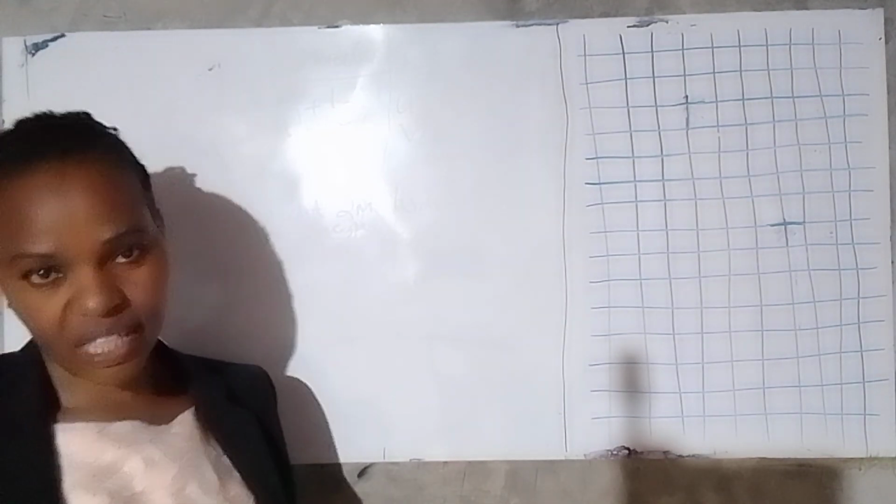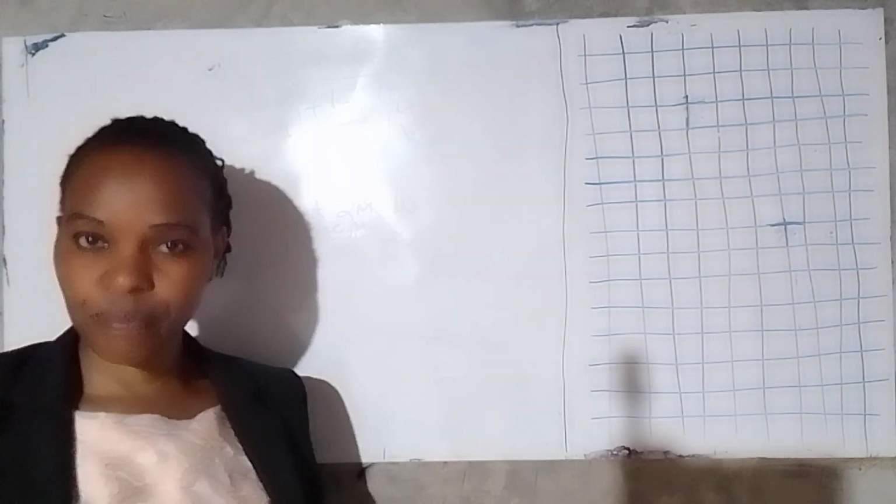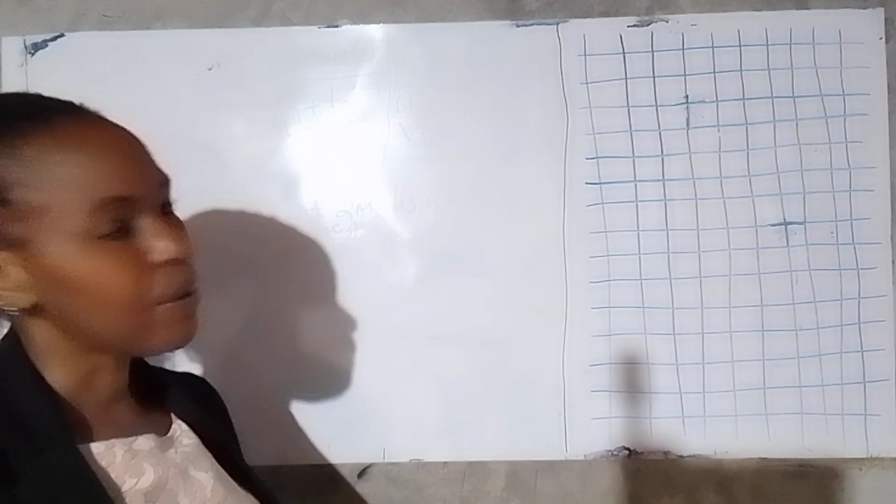Now we've been moving together from our first topic, that is floating and sinking. Then we started our second topic, that is thin lenses. So now this is our around 13th lesson.